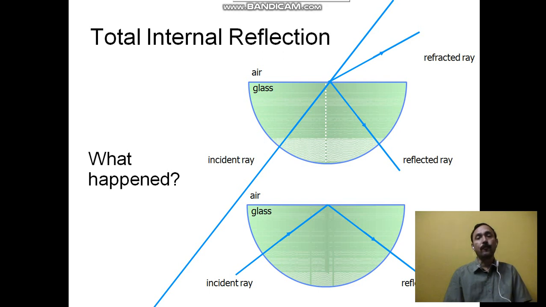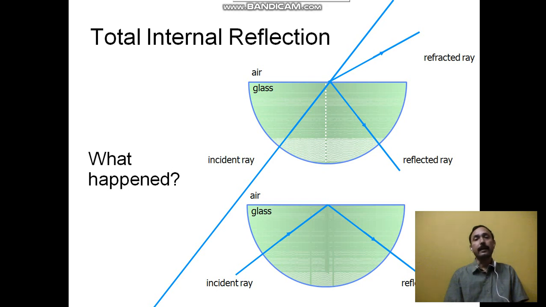In total internal reflection, if we recapitulate the definition, we stated in our previous video that when light comes from a denser medium towards a rarer medium, the refracted ray bends away from the normal.